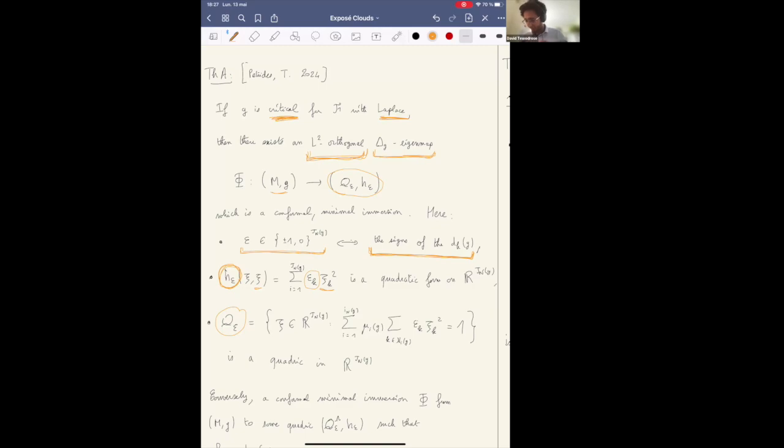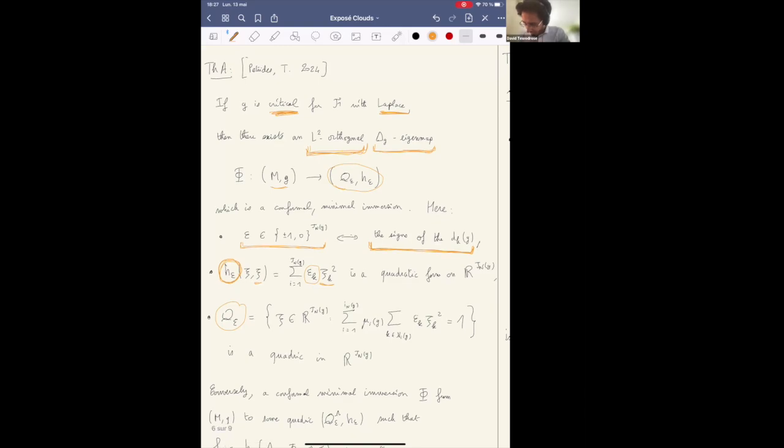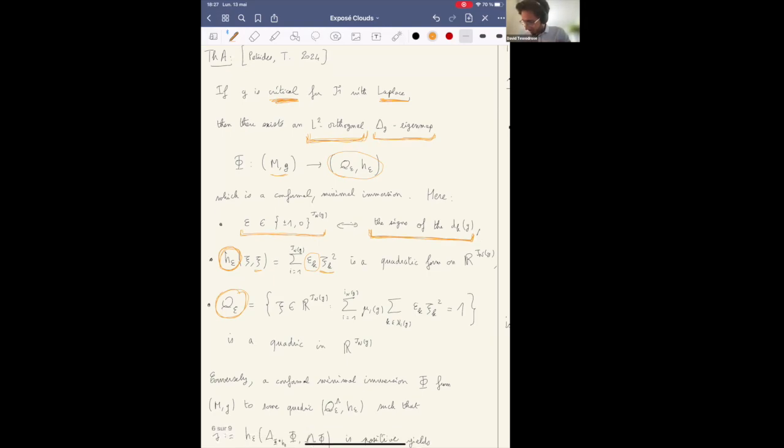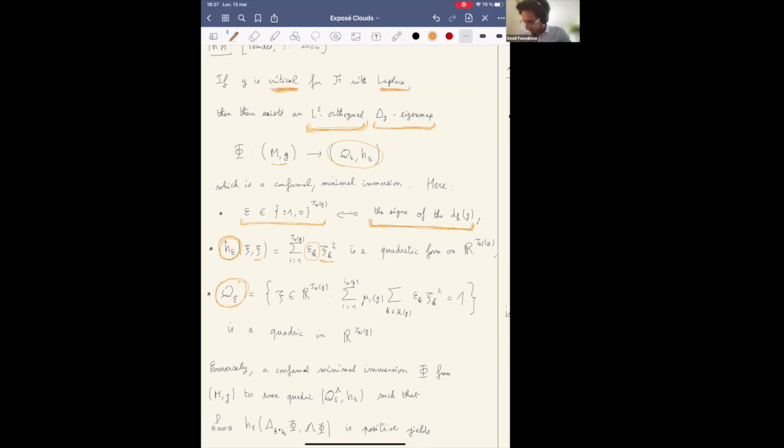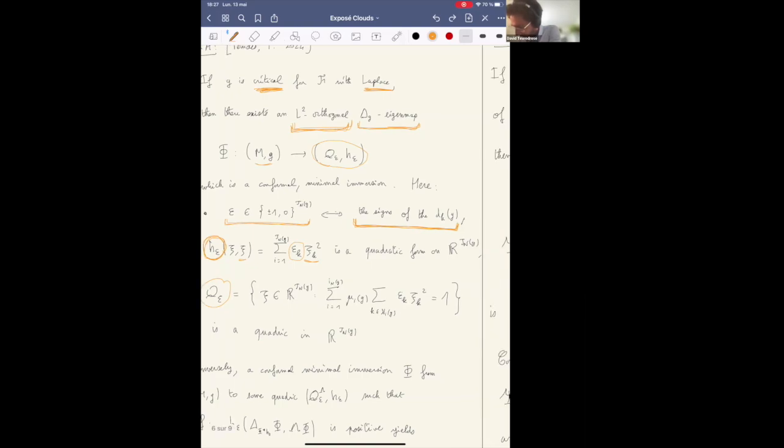And then out of this quadratic form H epsilon, we define a quadric in the Euclidean space R^(J and G) as follows. If you remember the case of the ellipsoid in the statement by Romain, there were no epsilon k, but here we just add these signs in front of the coordinates c k.